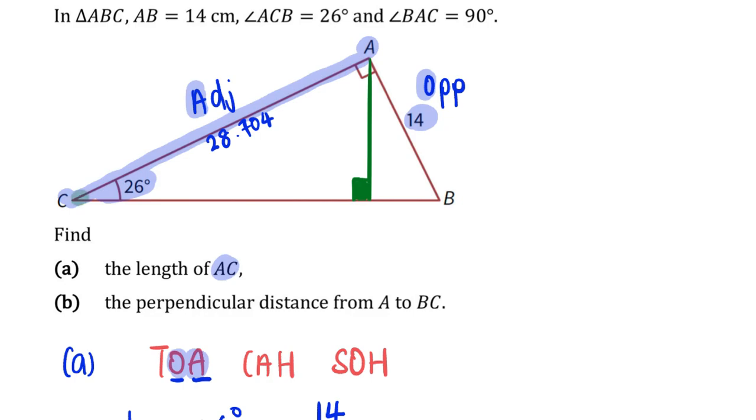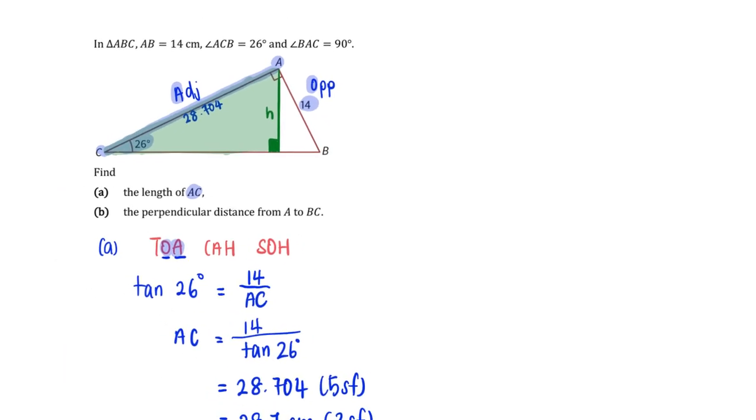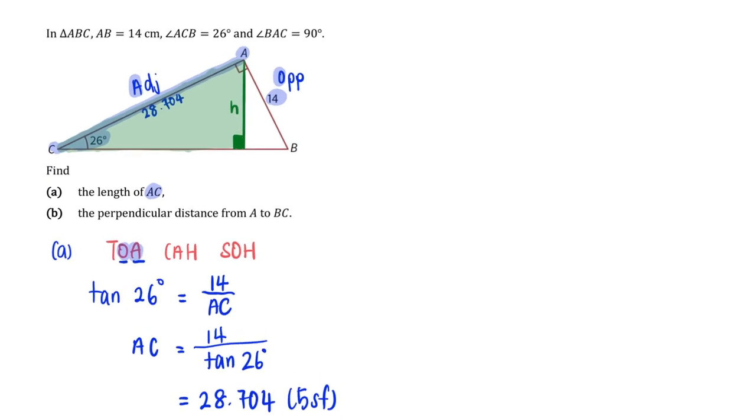Our efforts now will look at this green color right angle triangle. And of course, I'm going to let this perpendicular length be H. So that is what I'm going to do now for part B, right?